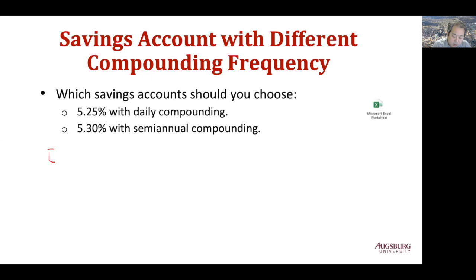So first, EAR1 equals 1 plus 0.0525 divided by m, where m is 365 because it's daily, to the 365th power, minus 1, which equals 5.39%.